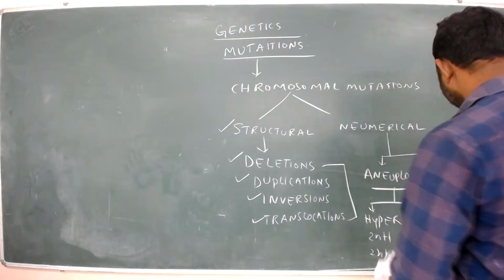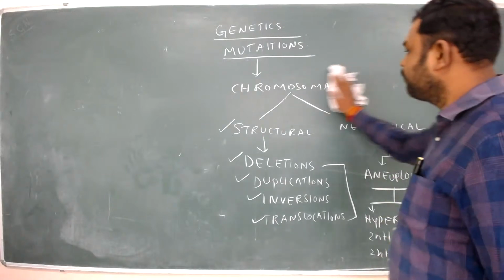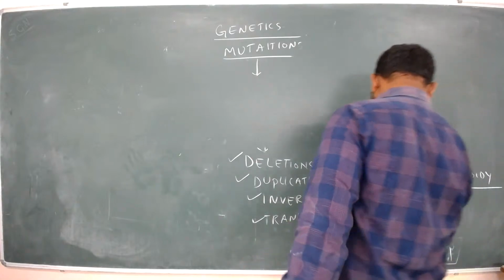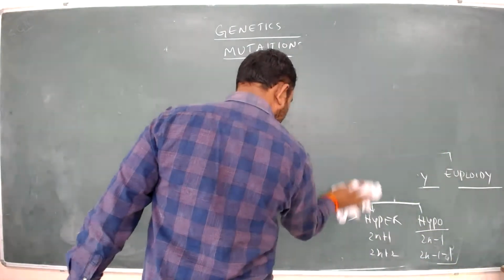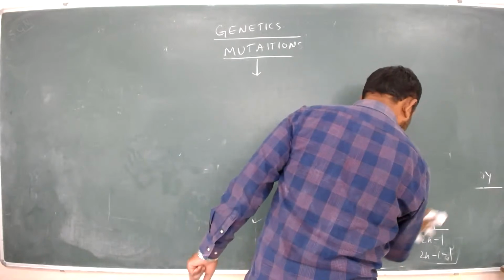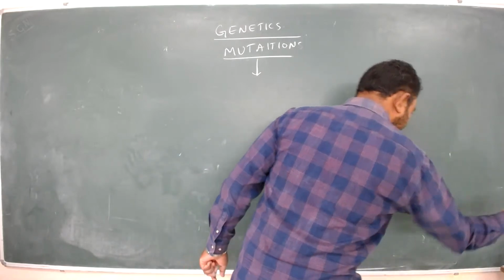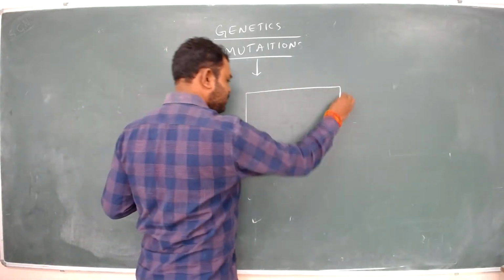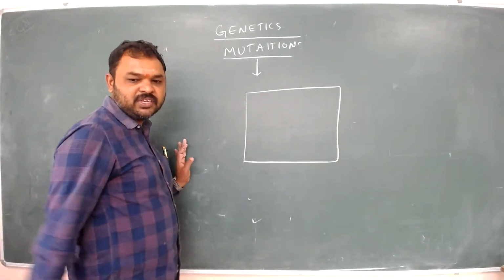Now we can discuss euploidy after this. You can see here, this is a cell. Hyperploidy we discussed last class. Hypoploidy means, you can see, this is a cell. How many sets will be there?